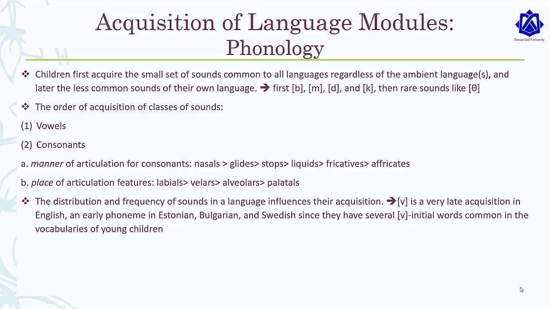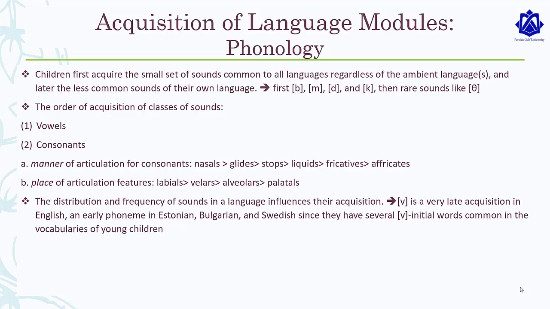Then come consonants. And within consonants, those that have the common manners of articulation would be learned first, then the less common. And for the place, again, those with lips are learned first, then come those that are more complex.